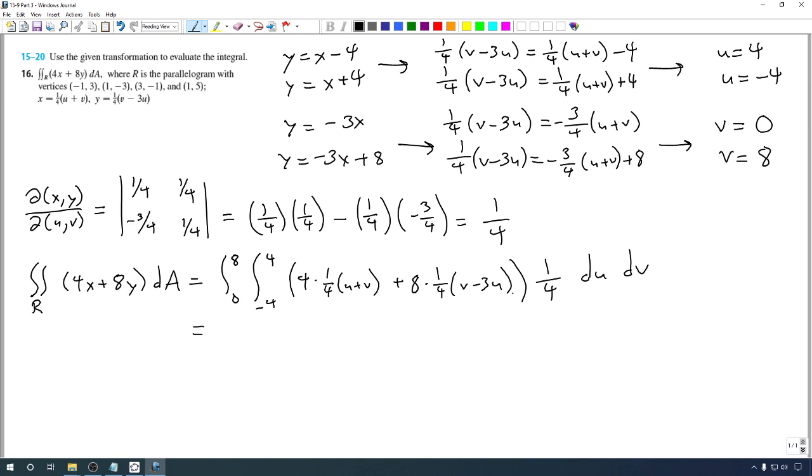Of course, we get to simplify everything that we have inside here as our first step. Kind of why they have the 1/4 here is to deal with the 4 and the 8. But because we have the 1/4 here, we actually do get fractions inside. We're going to have a -5/4u plus a 3/4v.